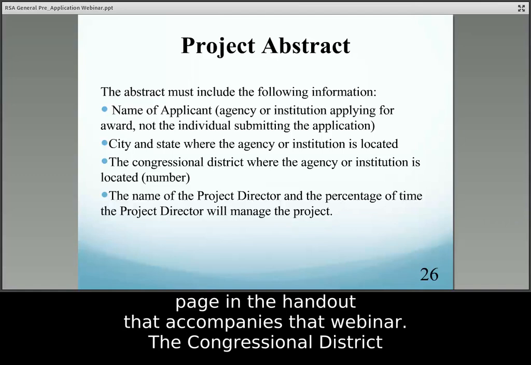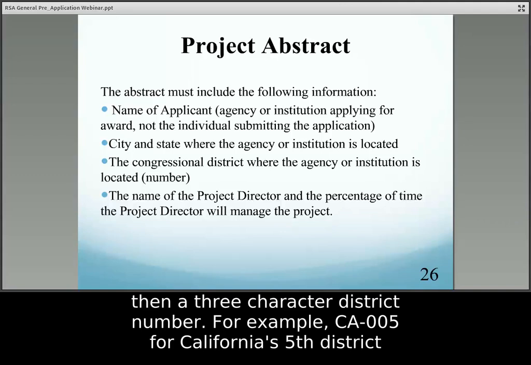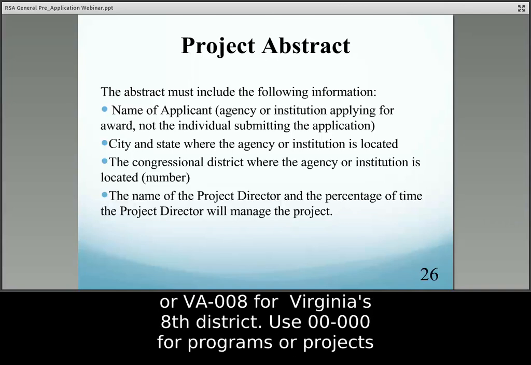The Congressional District Code should use a 2-character state abbreviation, a hyphen, and then a 3-character district number. For example, CA-005 for California's 5th district, or VA-008 for Virginia's 8th district.